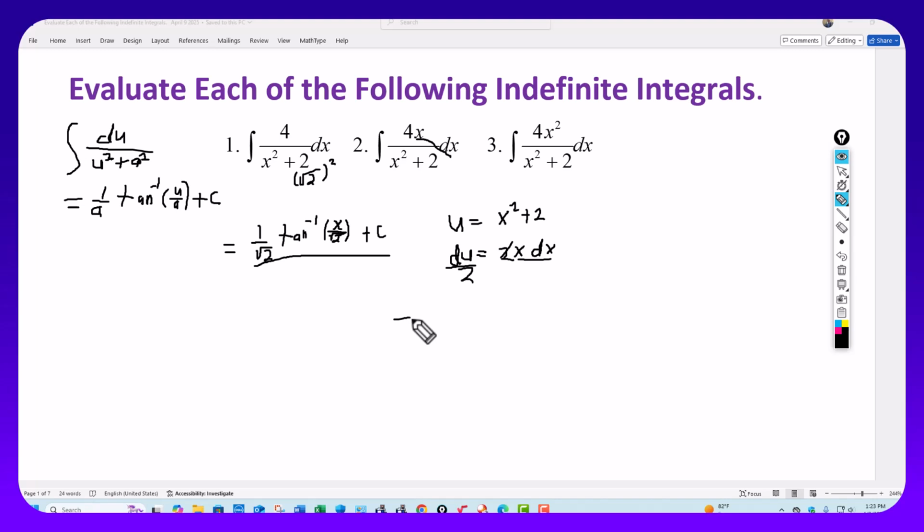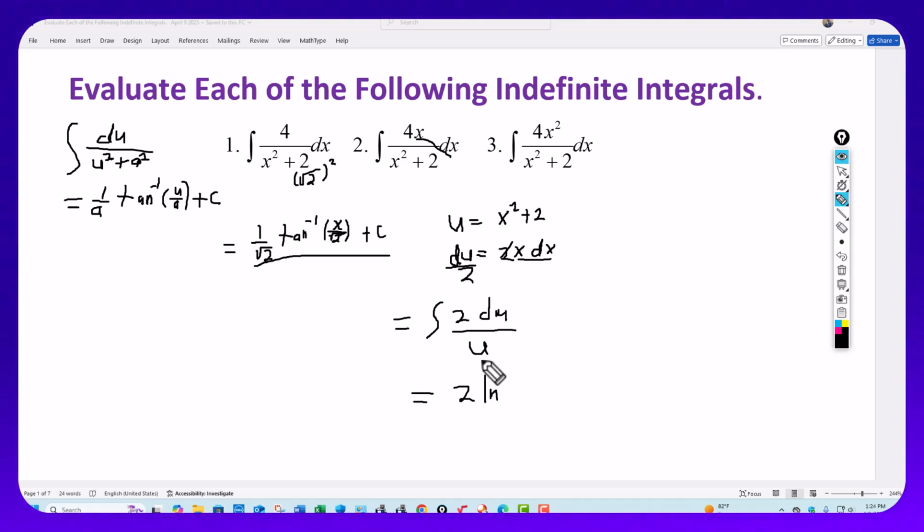So this could be given as the integral of 2 du over u. Anytime you have a constant over u, integrate it with respect to u, that's just your natural log. So the 2 comes along for the ride, so this will be 2 natural log of u.